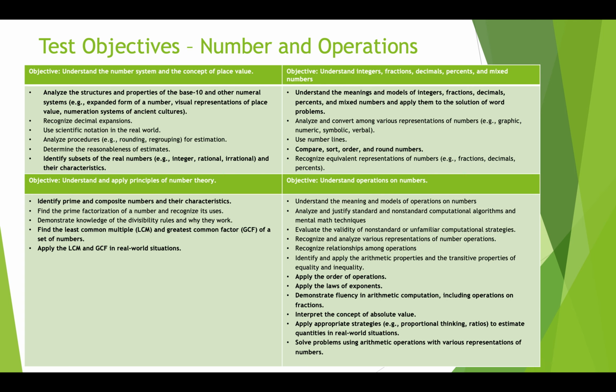Then the third is understanding and applying the principles of number theory. So some questions may have you identify prime and composite numbers and their characteristics, find the least common multiple and greatest common factor of a set of numbers, and then applying least common multiple and greatest common factor in real-world situations.